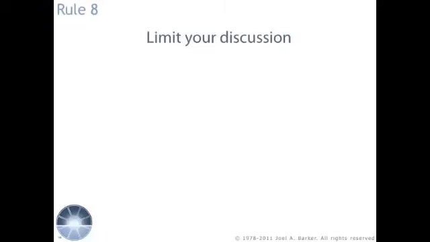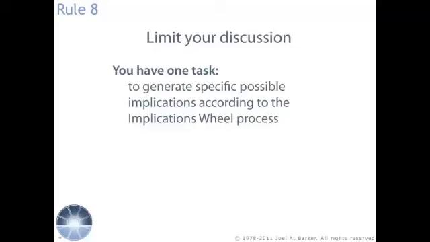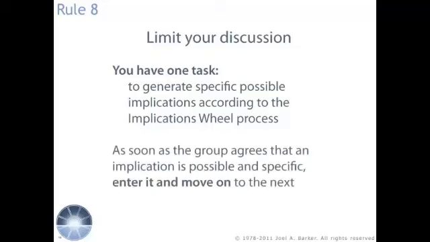And now the last rule. Rule number 8. Limit your discussion. You have one task: to generate specific possible implications according to the implications wheel process. As soon as the group agrees an implication is possible and specific, enter it and immediately move on to the next.